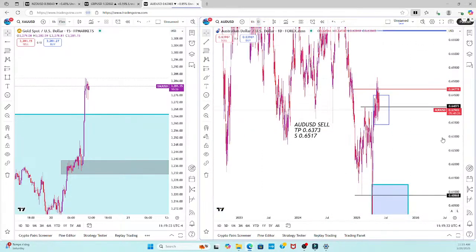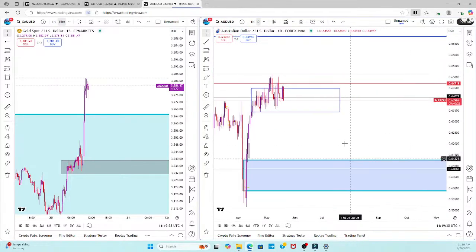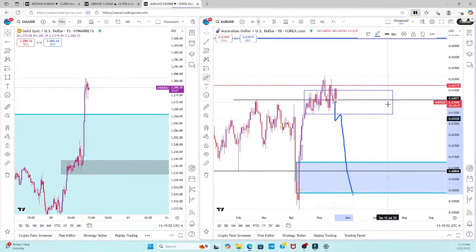Let me go back to the daily time frame here. So this is the daily time frame. Currently the price is hanging off of this support here of 63.43. If the price is able to break below this, then we are heading down. That's the last thing.